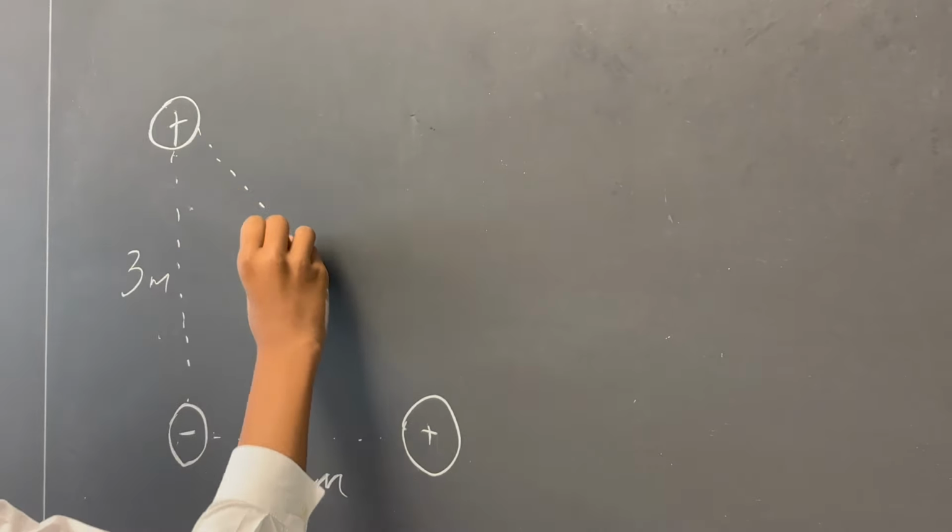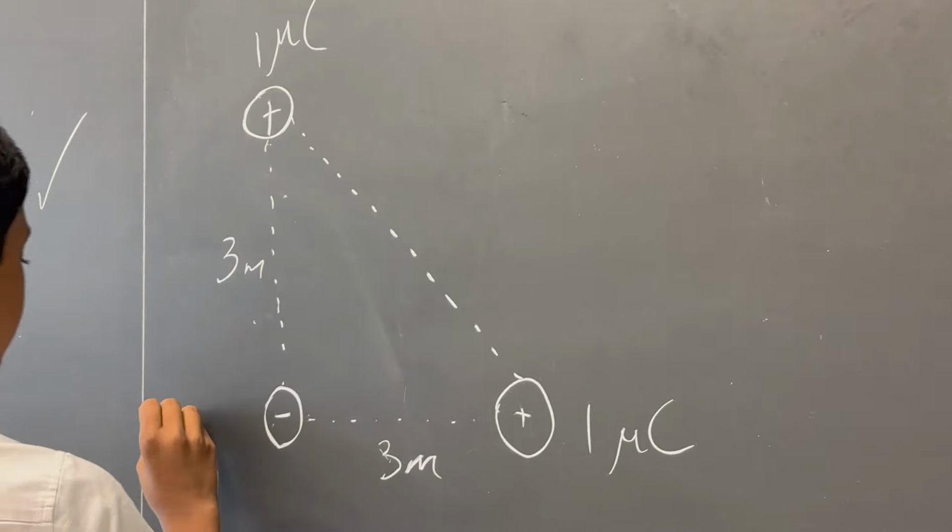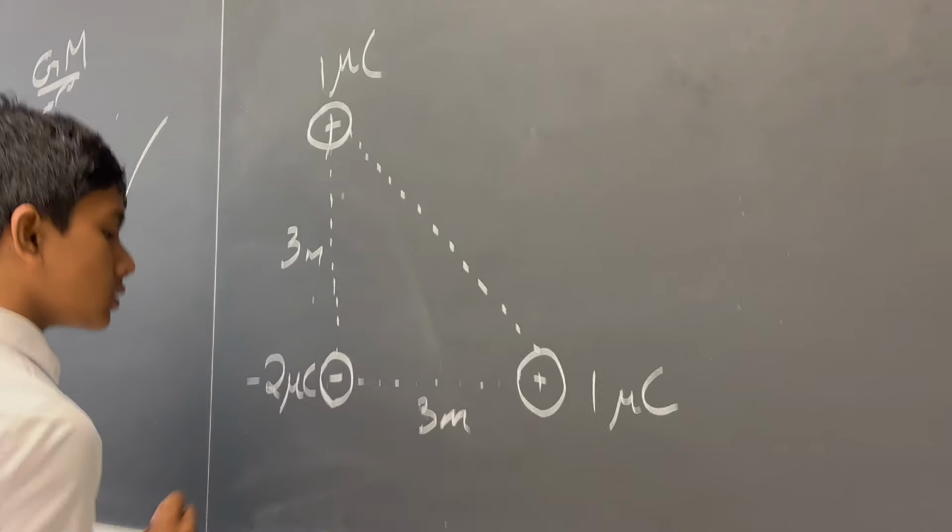Now what I'm going to say is this charge is 1 microcoulomb. This charge is also 1 microcoulomb. This charge is negative 2 microcoulombs.